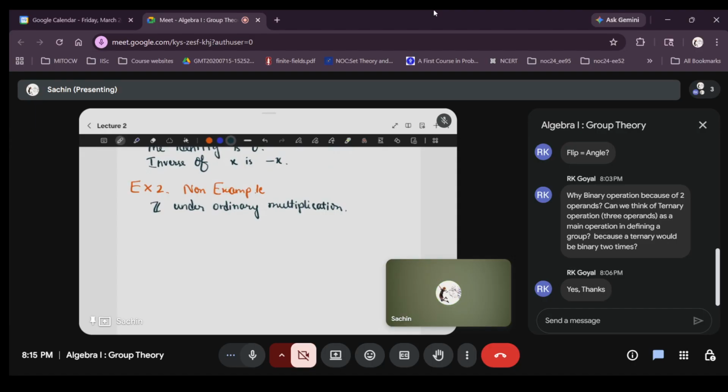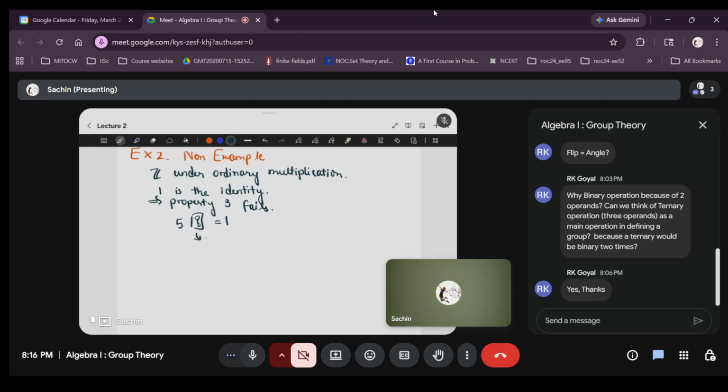So one is the identity, which implies property three fails. 5 times anything equal to 1, no such integer exists.